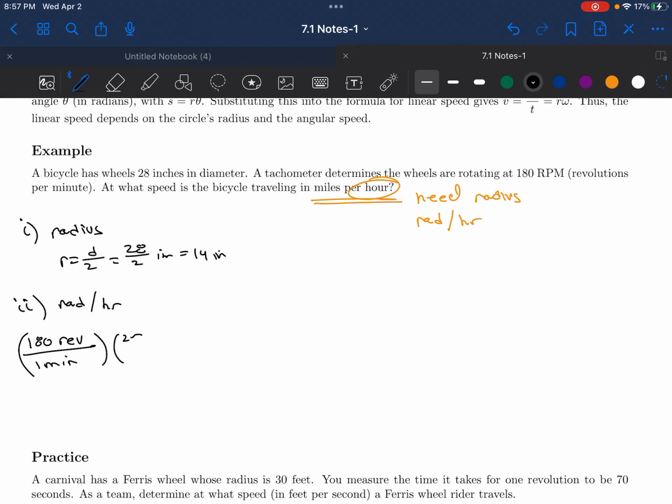And we can use the fact that 2 pi radians is 1 revolution, and our revolutions cancel, and the fact that there is 60 minutes in 1 hour, and then our minutes cancel, and we end up with 21,600 pi radians per hour. Great. So now the third thing we want to do is find the linear speed.